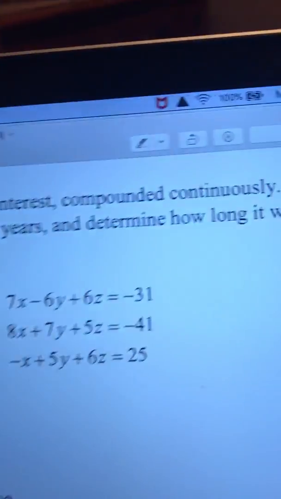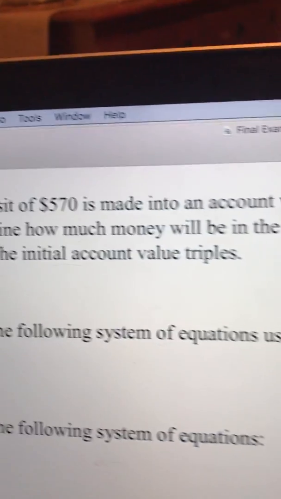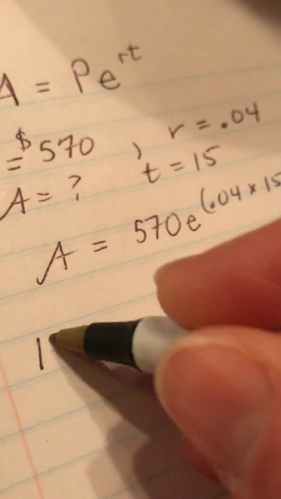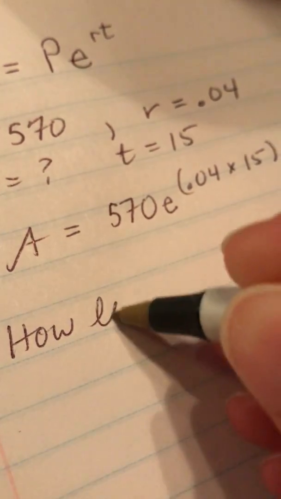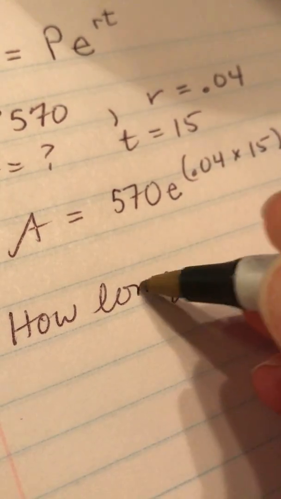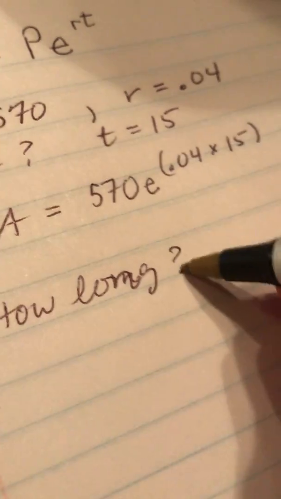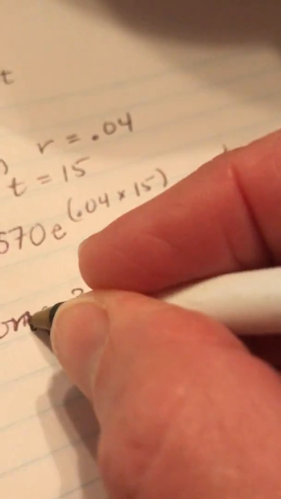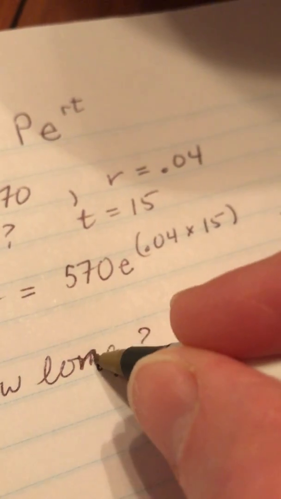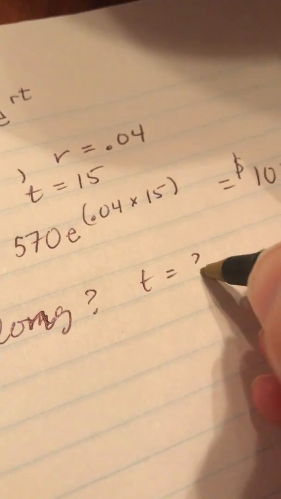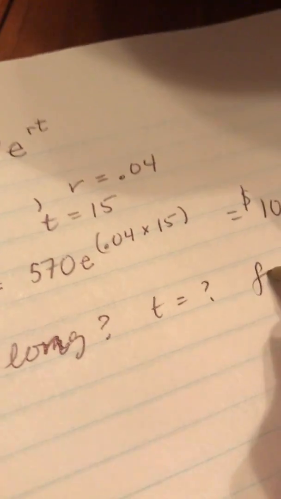All right, then it also says determine how long it will take before the initial account value triples. So that's asking how long, so time. Switched over to a pen, that's a mistake when you're doing mathematics. So how long? T equals what, for the amount to triple?